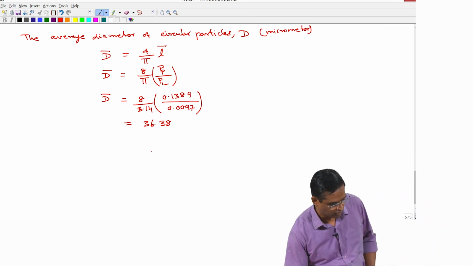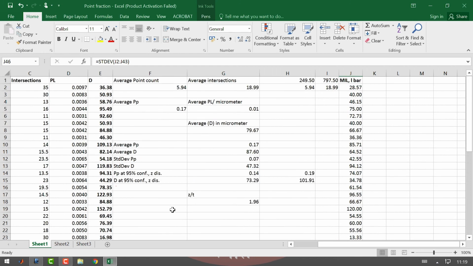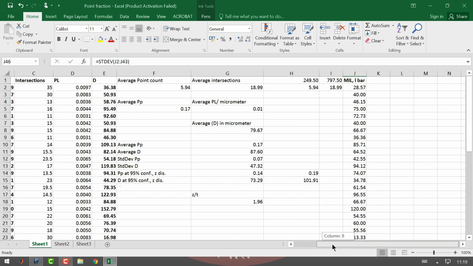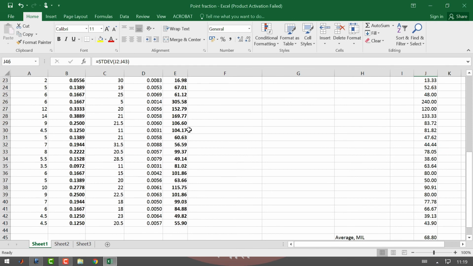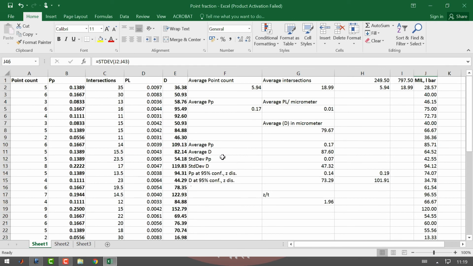This is for just one event, and this column is populated with the D for each of these events. You have the point count Pp, and this PL, the intersections, and we are populating this column with D, and we have also estimated this average D and the standard deviation for this D.